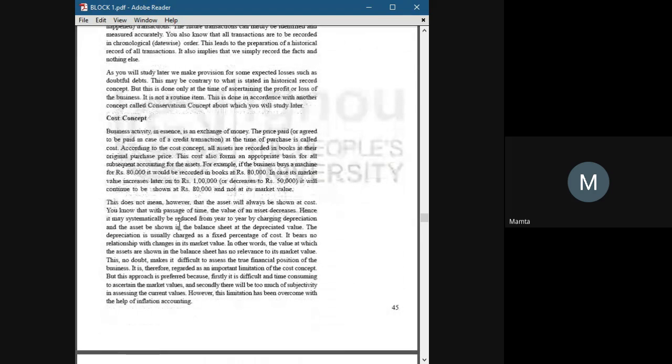Just like the example I told you earlier, we purchased land for 30 lakh, and after some time the price got hiked and its value is now 90 lakhs. But in the books of account the cost of that land will be 30 lakhs. We will not change the cost of that land. That is what the cost concept tells us.